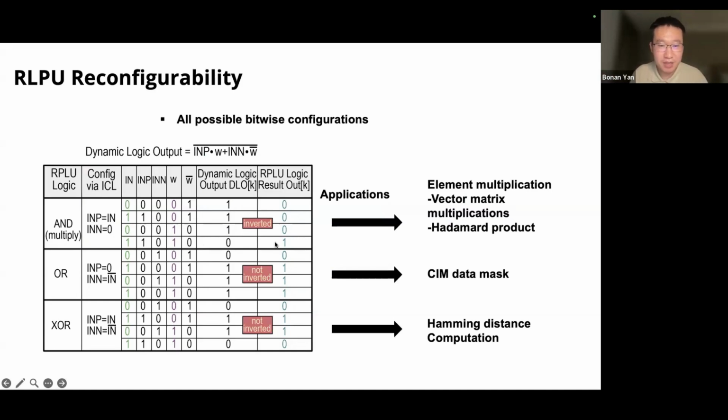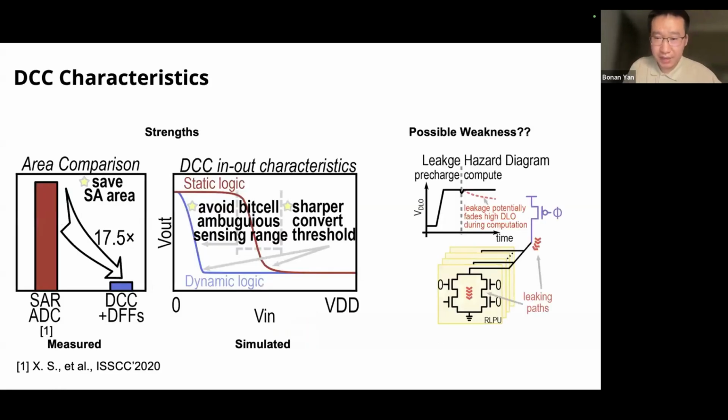But if you calibrate all of the inputs and output, we can do an AND or an XOR computation. For an AND operation, it's basically the bitwise multiply, and for an XOR, it can be used for the sign bit of floating point, and for the OR part, it can do data masking. So it can support different logic operations and subsequently more complex computing functions. So this is the idea.